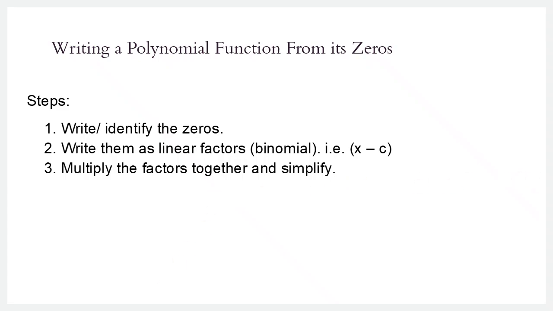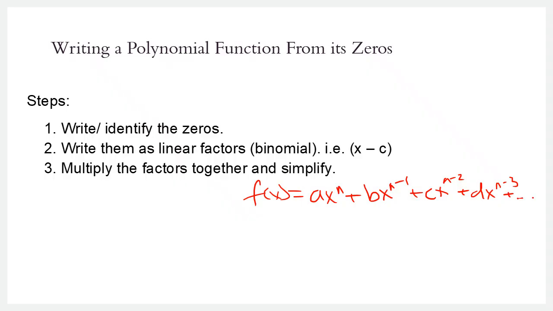When we're writing a polynomial function, that's our f of x equals, and you have your leading term, ax to the n, so whatever power that may be, plus bx to the n minus 1, plus cx to the n minus 2, plus dx to the n minus 3, plus dot dot dot. So you understand that.